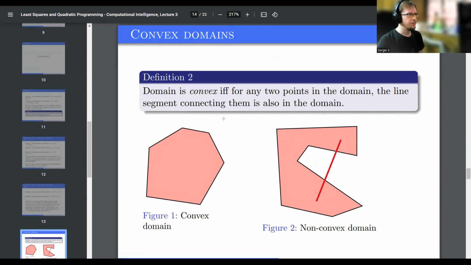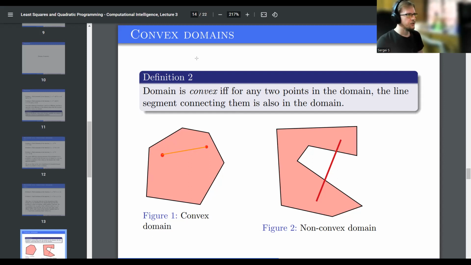A convex domain is a domain where each pair of points, and let me show it here, each pair of points, let's say one point and another point, can be joined by a line, and the entire line segment would also lie inside the domain. Okay, so that is the definition.